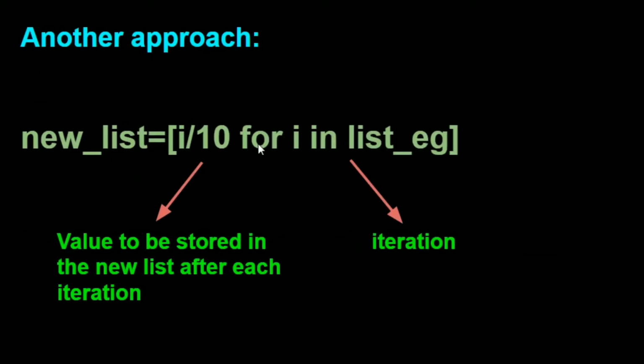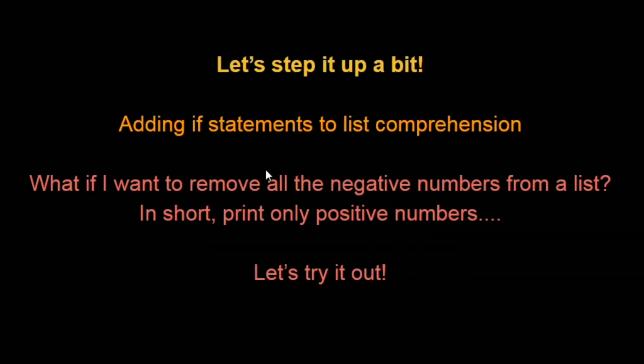So we are taking for i in list example, that is the iteration, inside the list, and whatever function we want to perform, we place it before the for keyword. So i divided by 10 will be the value stored each time the iteration takes place inside the new list. That is the value you want returned inside the list after each iteration. So let's try this out on Eclipse and see what we get.